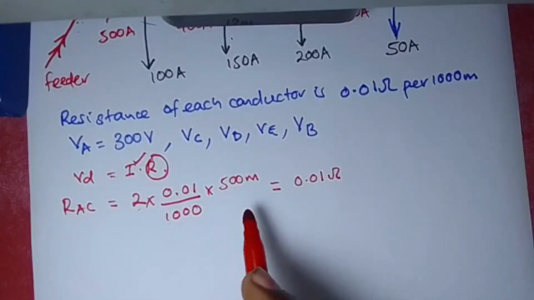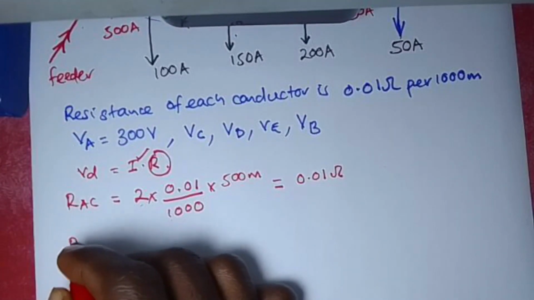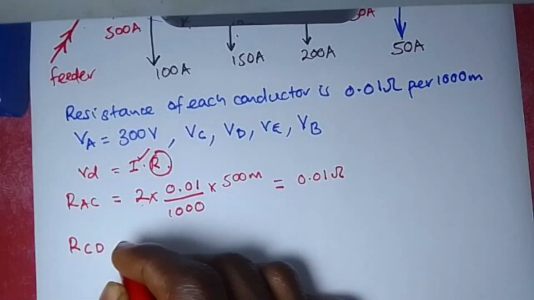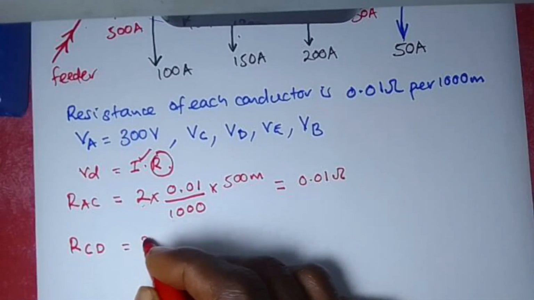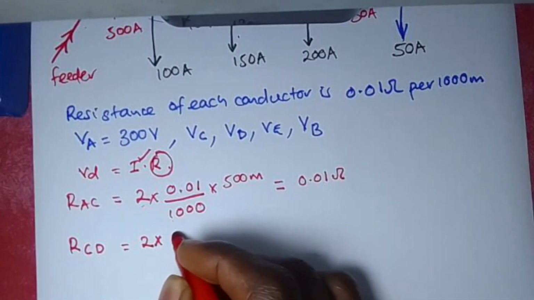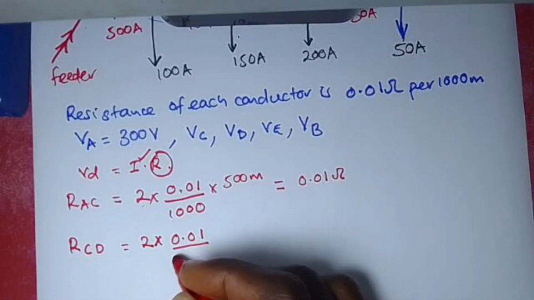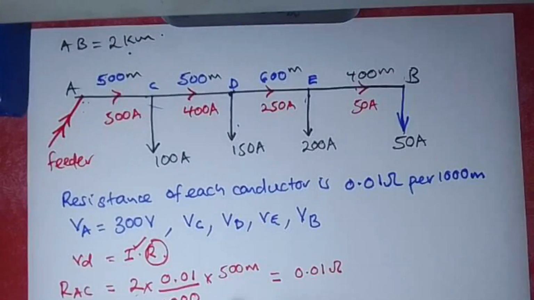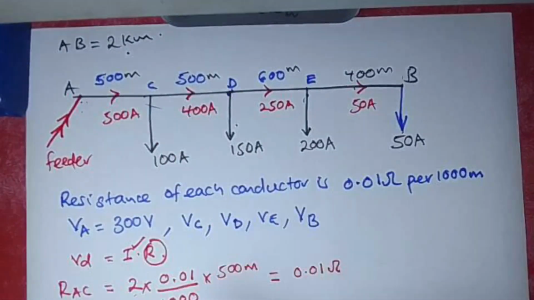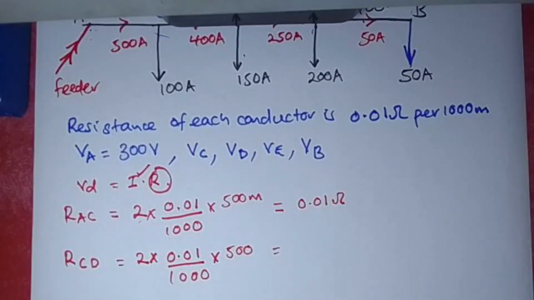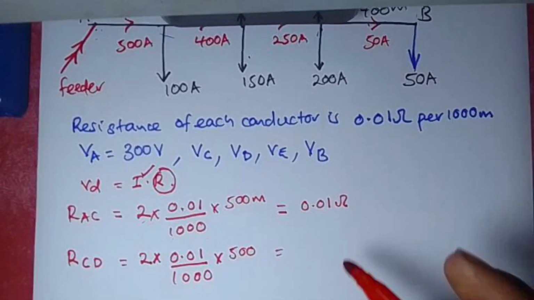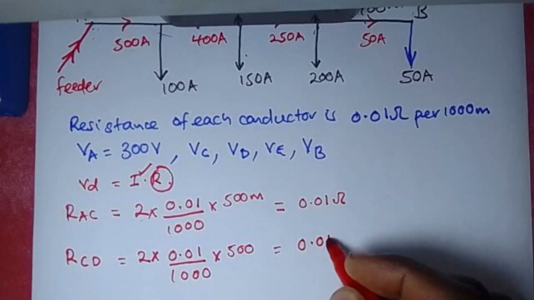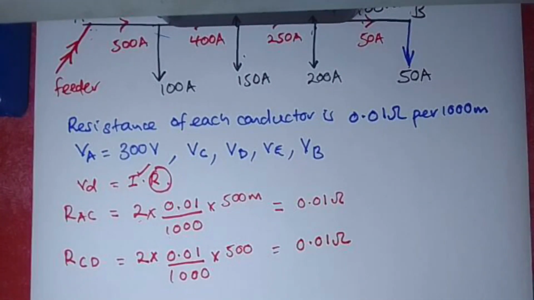Similarly, because it's a two-wire distributor, it is 2 times the resistance per 1000 meters times the length across that point, which is 500, and this is going to give us the same answer since they are mathematically identical. That will give us 0.01 ohms also.